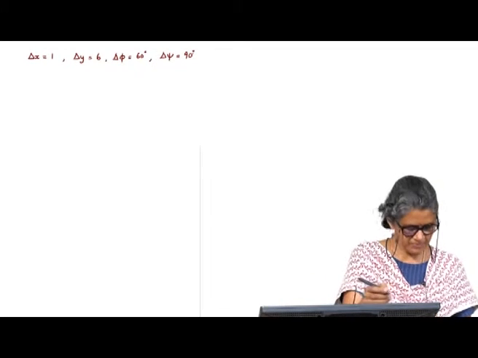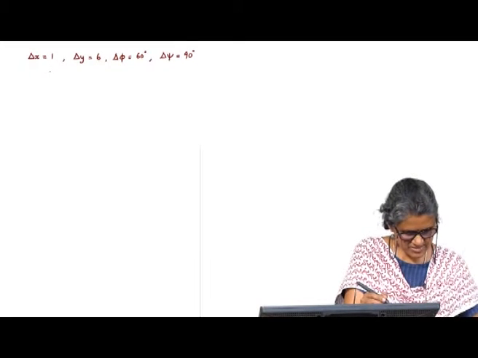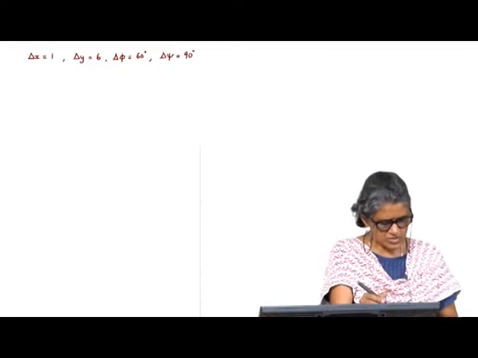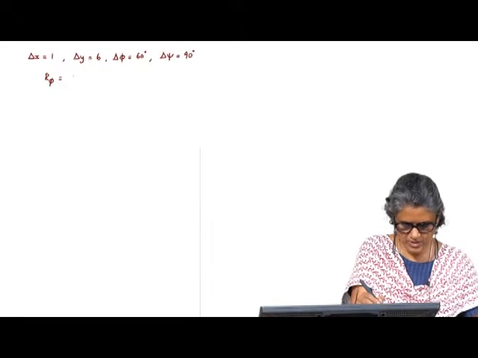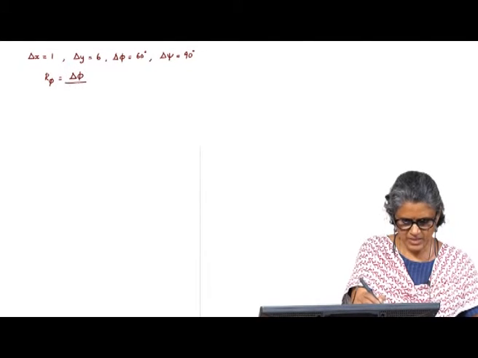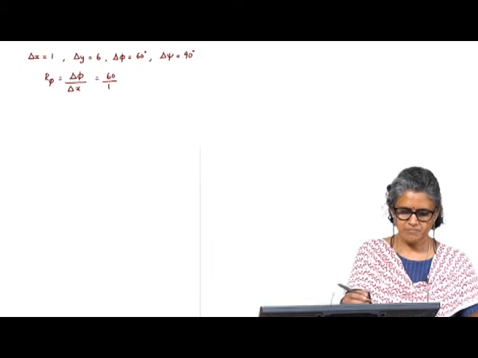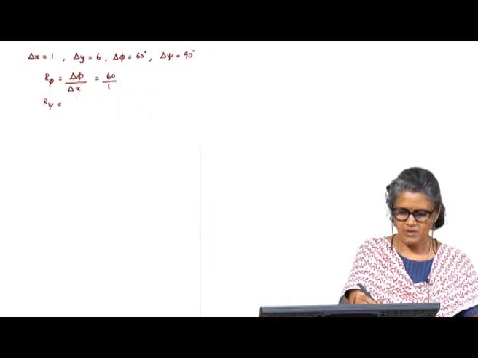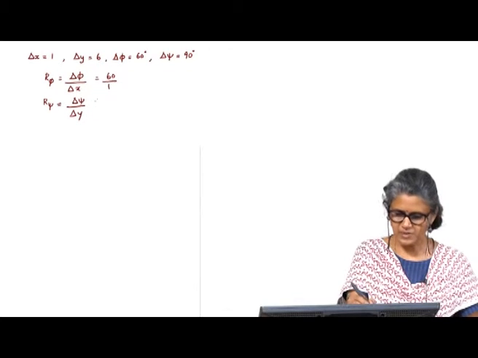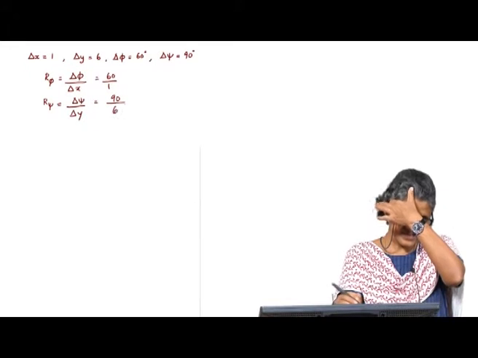So, I have r phi equal to delta phi by delta x, 60 by 1, r psi equal to delta psi by delta y, which is 90 by 6.